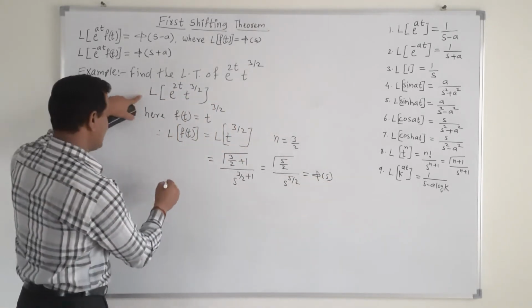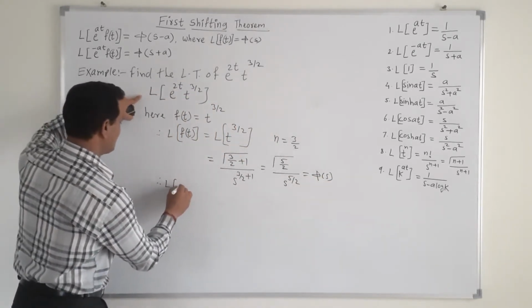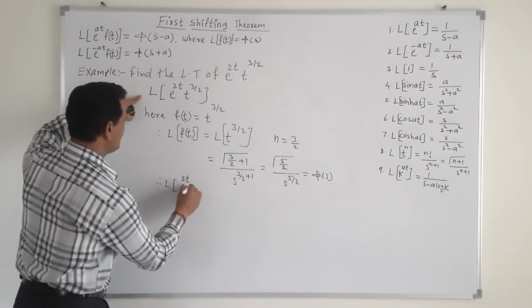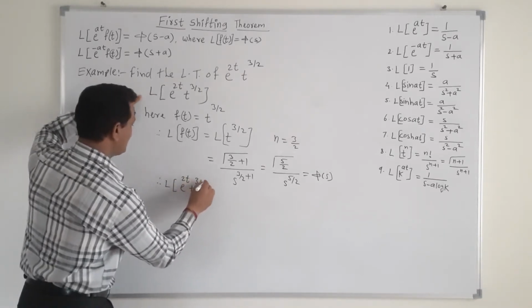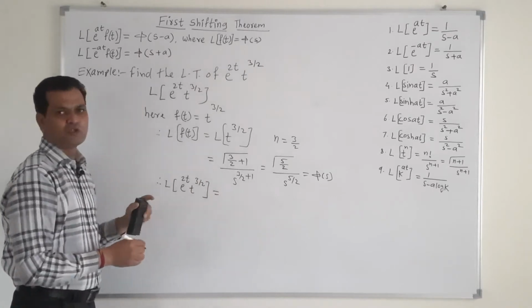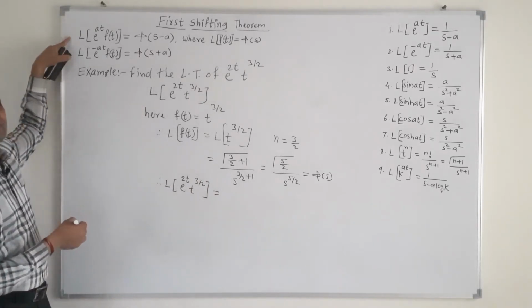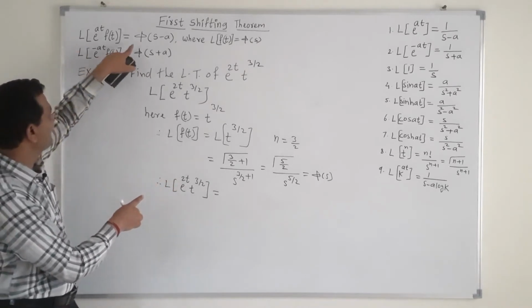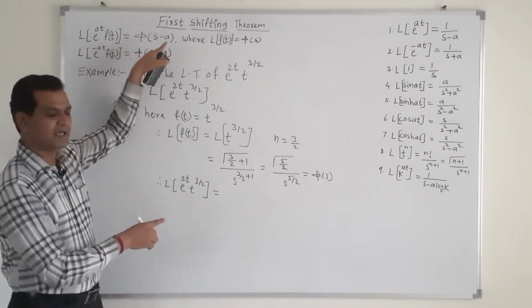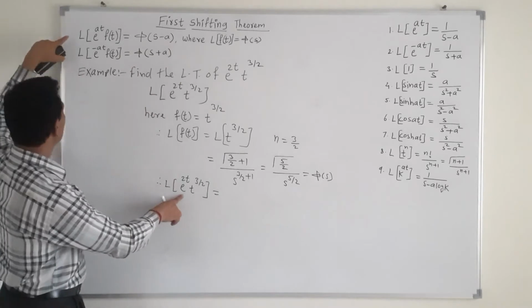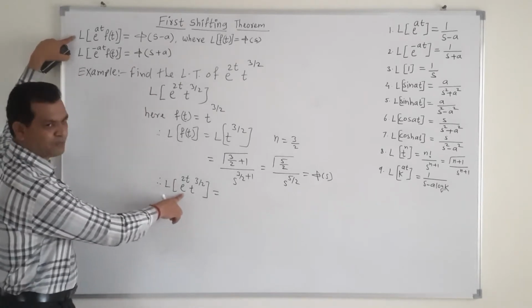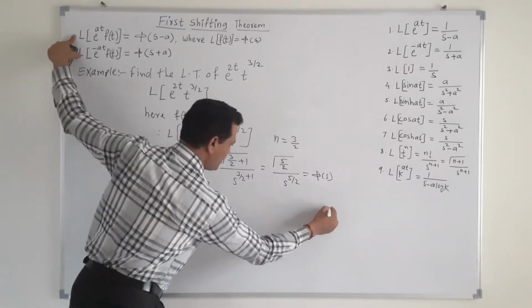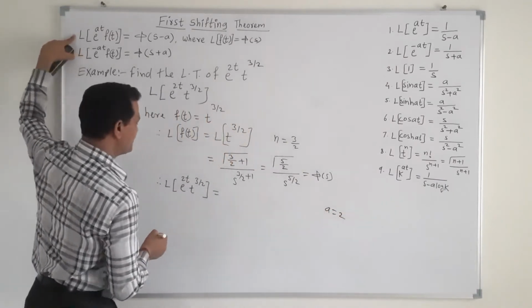Now to solve this example, the Laplace transformation of e raised to 2t times t raised to 3 by 2 is equal to... According to the first shifting theorem, here the power of e is positive, so we can write this as phi of s minus a. If we compare this example with this property, the value of a is equal to 2.